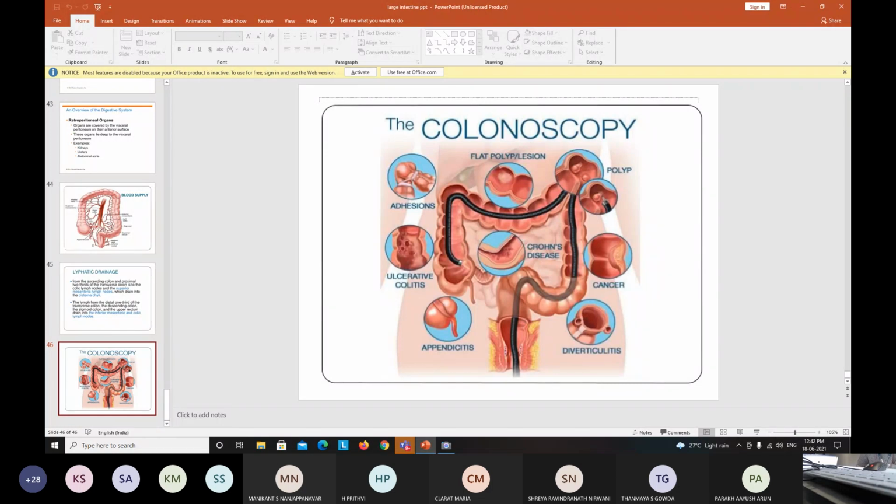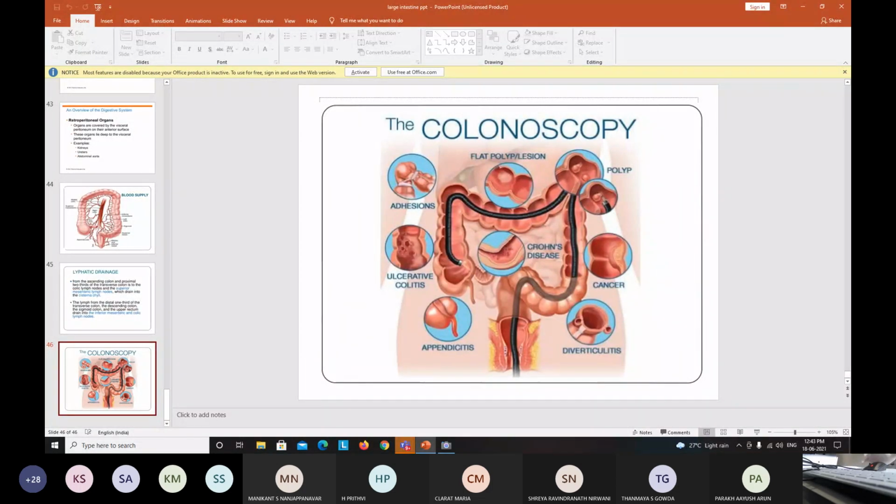I think you know the meaning of adhesions: they will contact each other and stick. Then formation of polyps, extra growth, polyp or lesions. And then diverticulitis. Some diverticulum is there, and due to that inflammation also occurs.